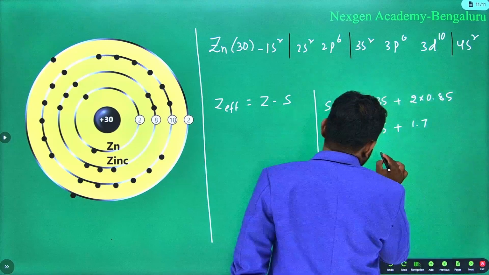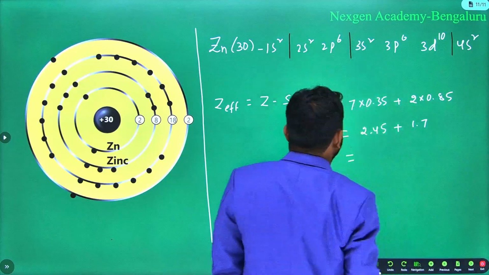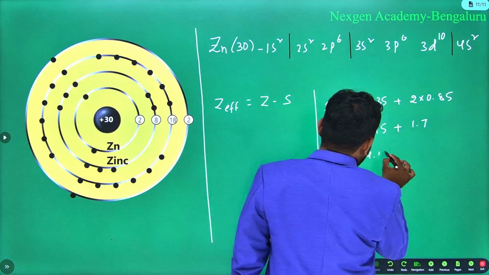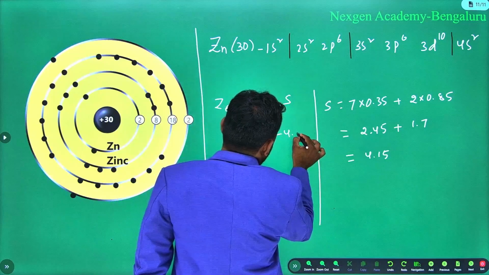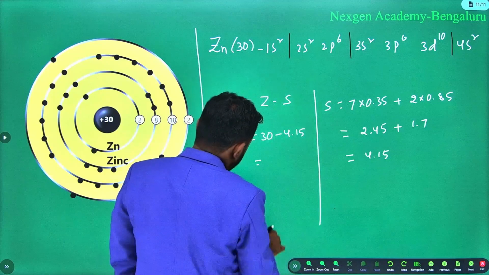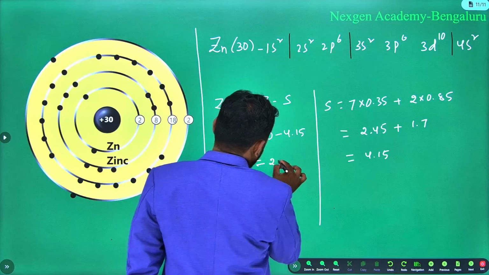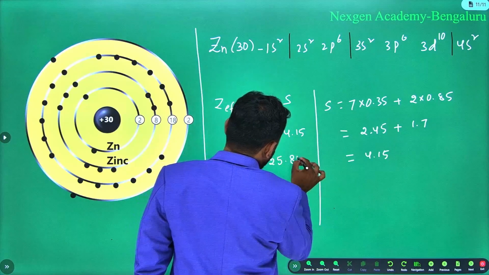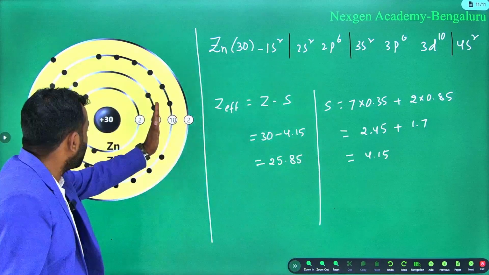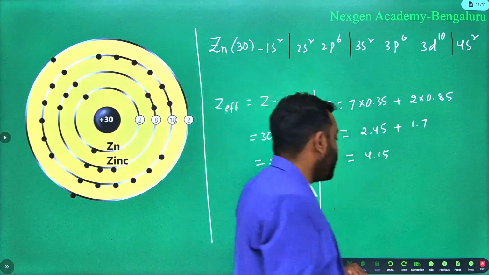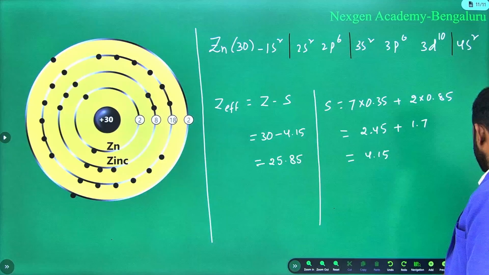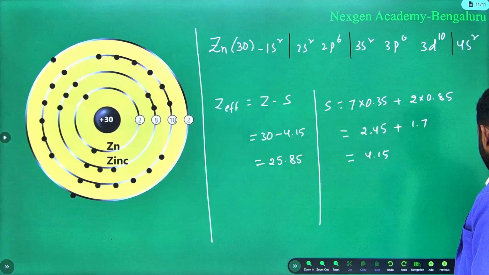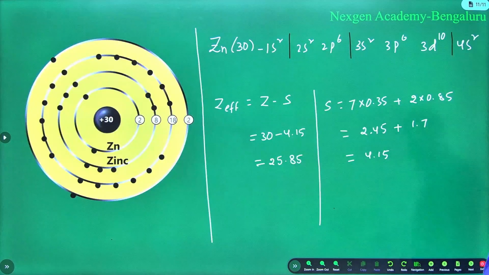How much? 4.15, and now 30 minus 4.15. How much? 25.85. Look at this. When you are coming close to the nucleus, the effective nuclear charge is changing. Now you calculate it for the other one. Same way you calculate it for the 1s electron also.